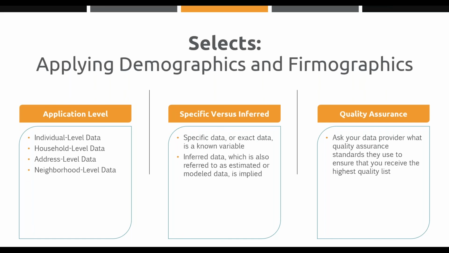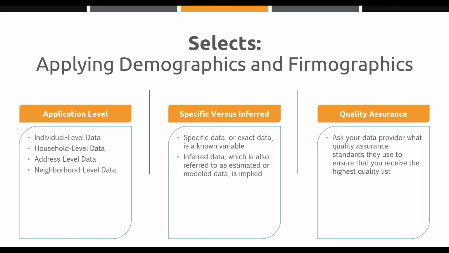Estimated income is another household level demographic. So when you are pulling together a list of consumers and you want to pull an income of $100,000 or more, that $100,000 is on the household level. So that means for that specific household that's associated, it would be applied there, not at the individual.